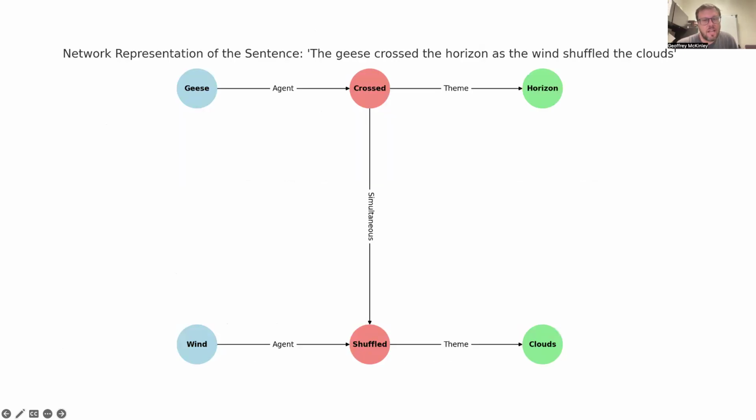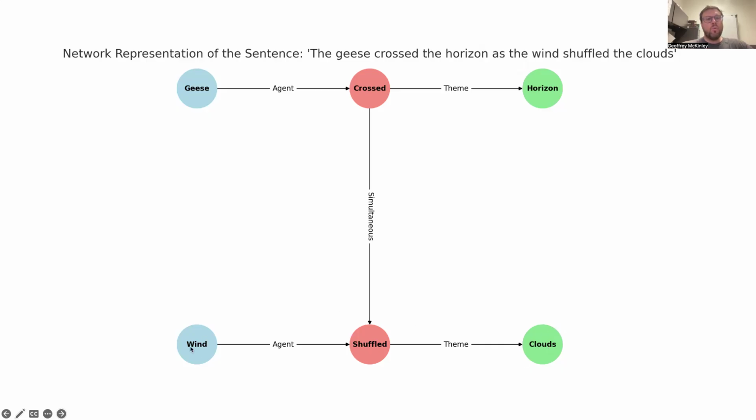So we can depict these propositions in terms of a network of concepts. Here, you might look at this and say, okay, if you see the word geese, the geese concept will get activated and it'll spread its activation to the horizon concept. And wind will get activated and spread its activation to the clouds concept.